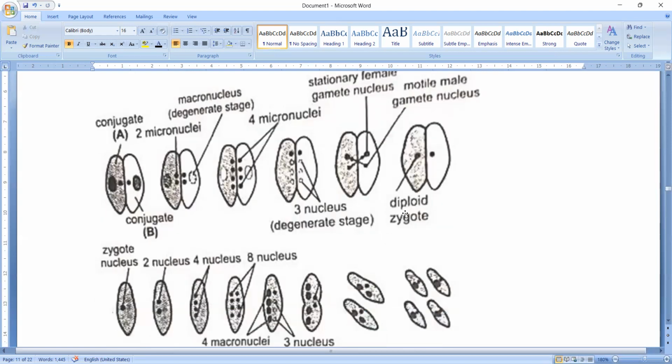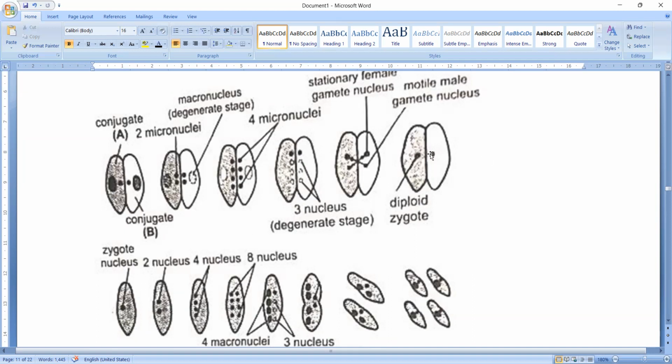Now this male pronucleus goes to the female area, and this male motile gamete moves into the other conjugate. Now fertilization takes place.